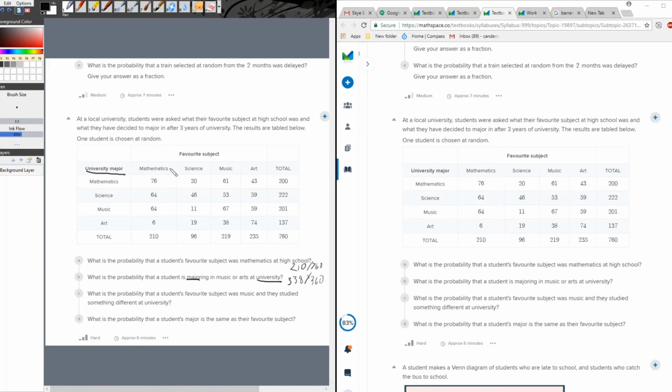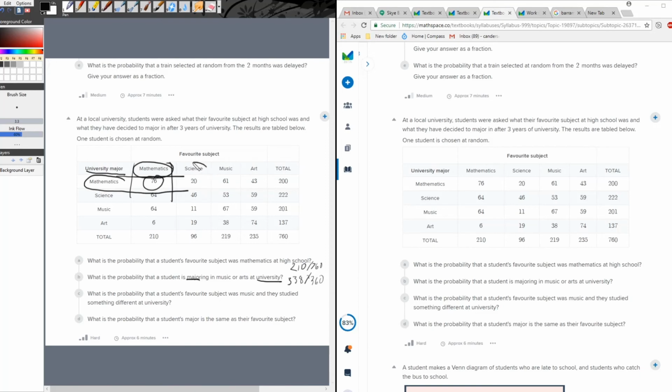So if a student's favorite subject was mathematics, they must also have a major in the same thing. So that would mean that we want mathematics and mathematics here. So we would want this one here.